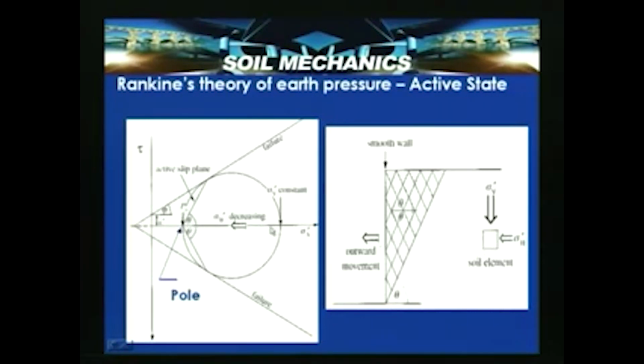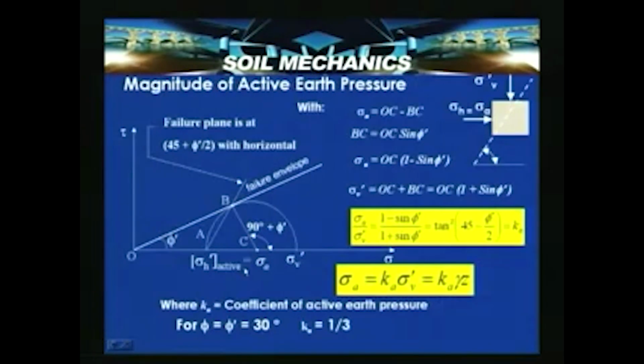Here, both the upper and lower parts of the Mohr circle are shown. In the next slide, we consider only the upper part of the Mohr circle. Here again is a failure envelope with phi dash being the angle of internal friction, sigma v dash is the vertical stress at depth z, which is gamma z, and sigma h dash active is sigma a, which is the active earth pressure.